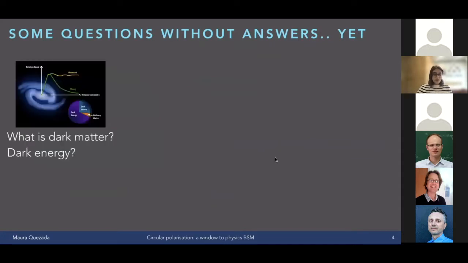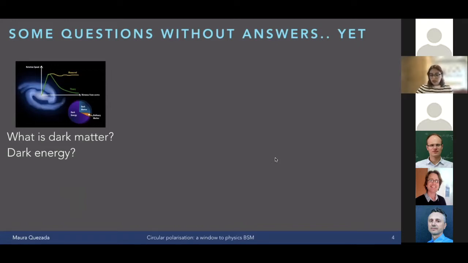For example, we still don't know what dark matter and dark energy are. This doesn't fit in the standard model. We know that the universe is mostly made of something that is not ordinary matter, so we're trying to figure out what this is and everything about its properties.